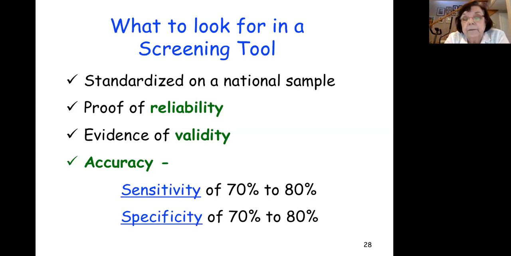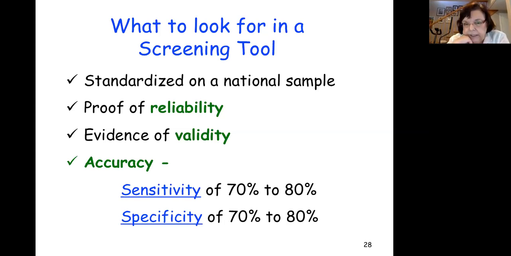And with accuracy, we're looking at a sensitivity of at least 70% to 80% and a specificity of 70 to 80% as well. Remember, sensitivity in terms of research and in tools and screening instruments would be correctly identifying those children who have developmental delay in this case.